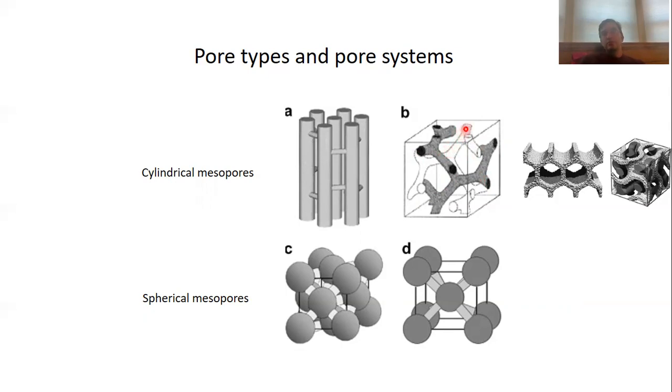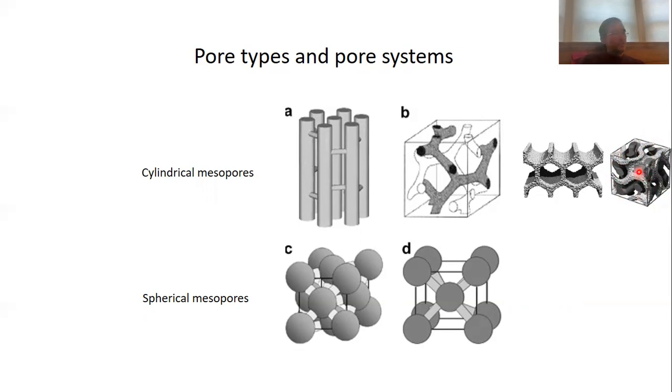The second channel system is independent from the first one, meaning that there's no direct connection between channel system 1 and channel system 2. So overall, this gyroid structure is cubic. You see here again the overall pore system of this gyroid structure.